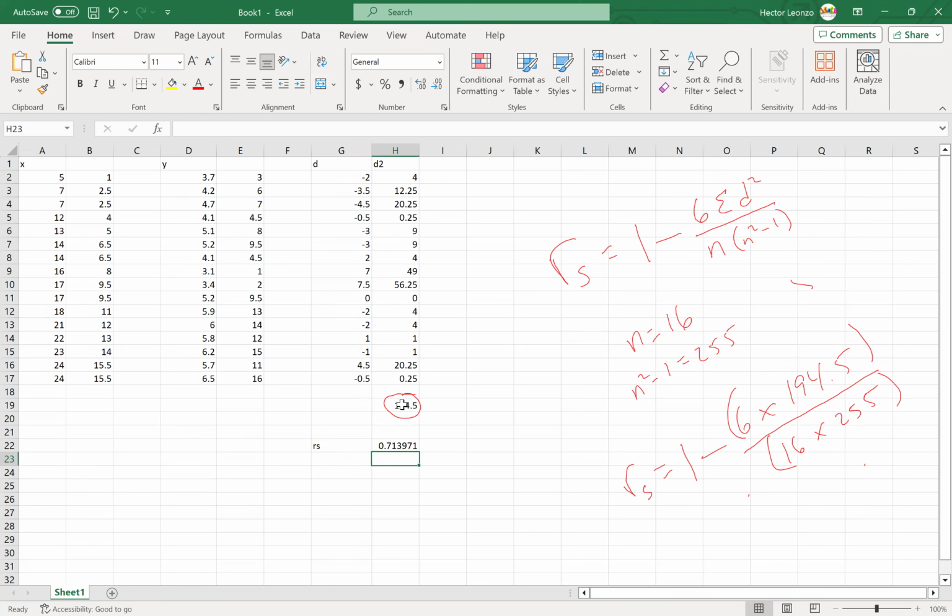So there, my RS. If I have to round it to 3 decimal places, I'm going to call it 0.714.